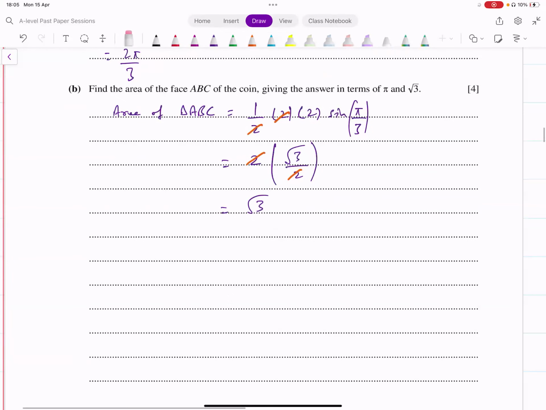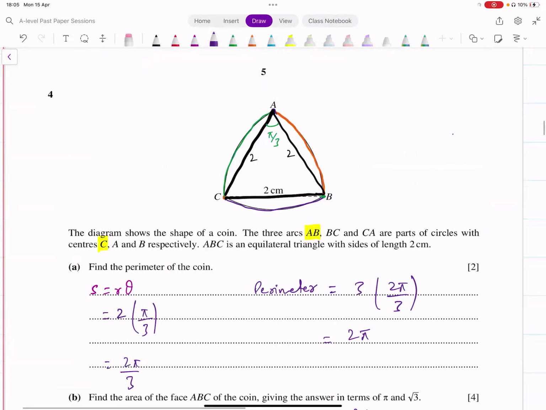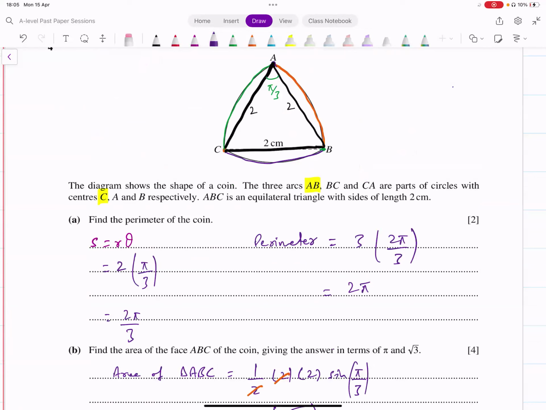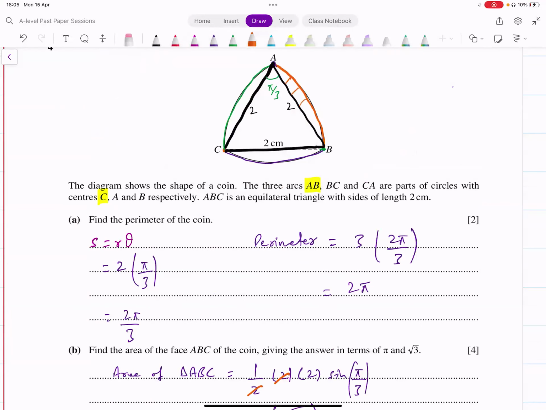All right. So we have the area of the triangle ABC. Now next, we need the areas of these segments. We can find the area of any one segment first. Let's start with this one. And then we can just multiply that by 3, right? Or in fact, since we have already written the angle here, let's find this segment. How would you find the area of the segment?